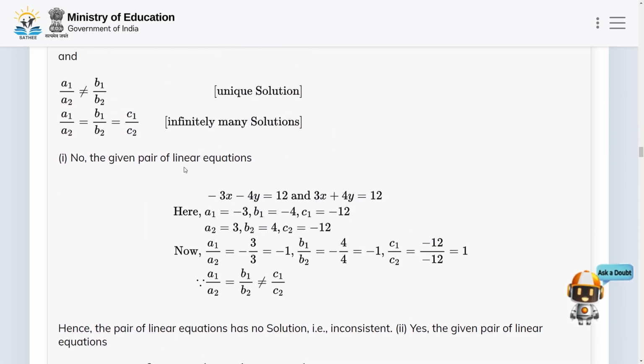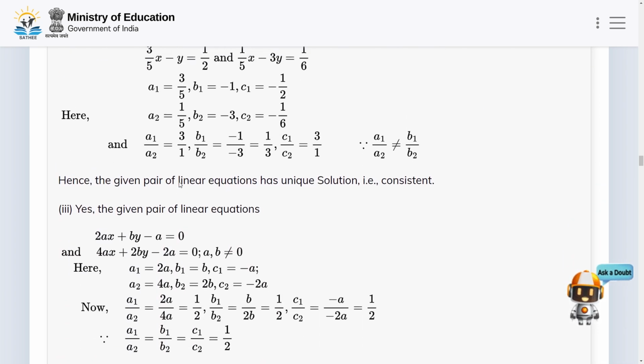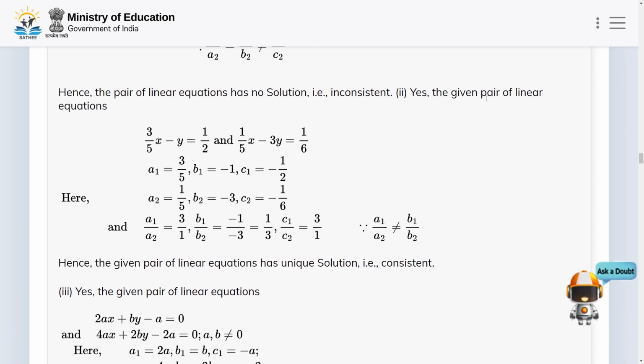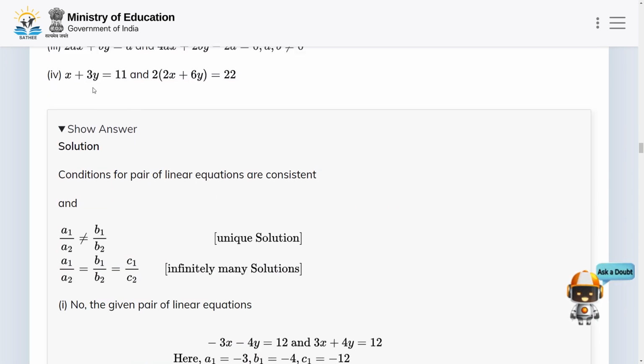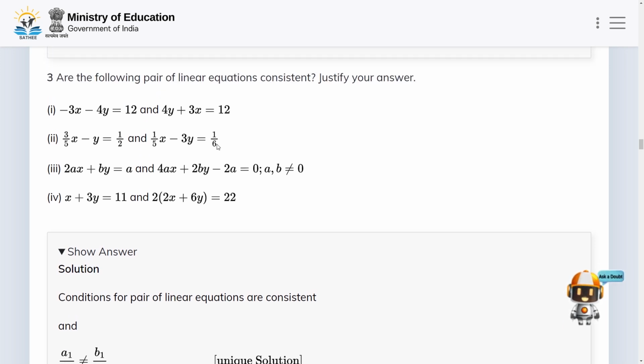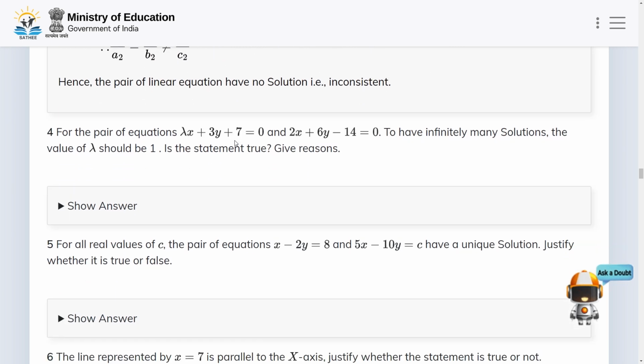Also the second pair of linear equations is also consistent. So among these four pairs of linear equations, the second and third are consistent pairs of linear equations.